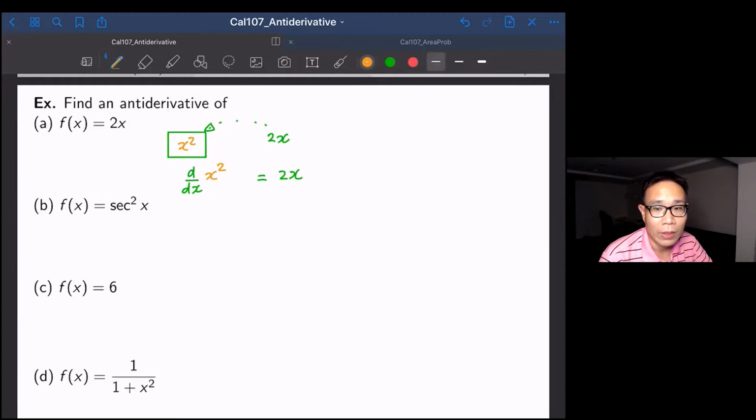However, it's not only x squared whose derivative equals 2x. You may write x squared plus an arbitrary constant c, and the derivative of x squared plus c equals 2x.